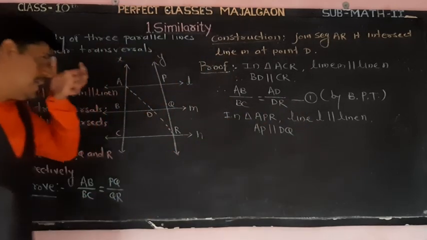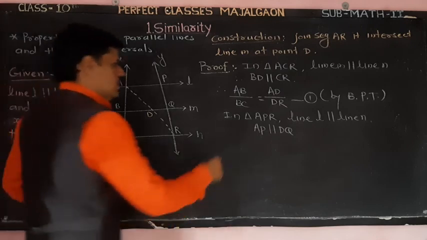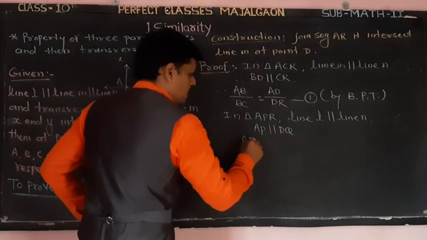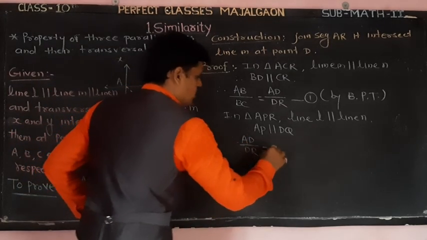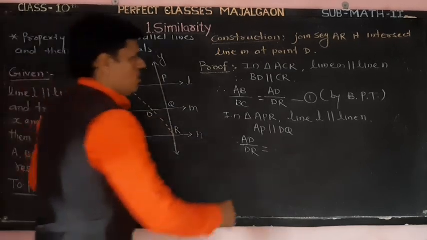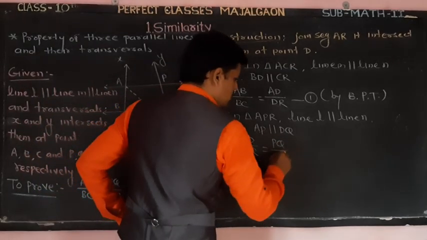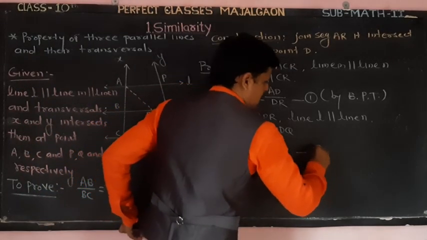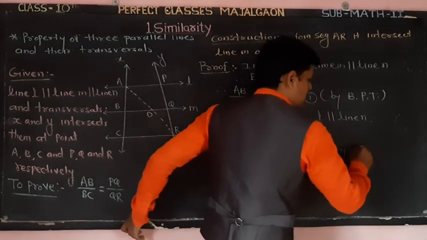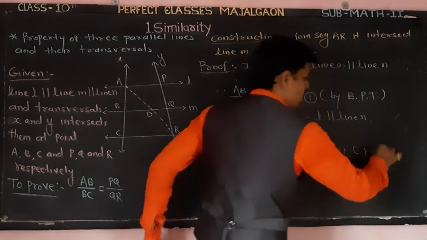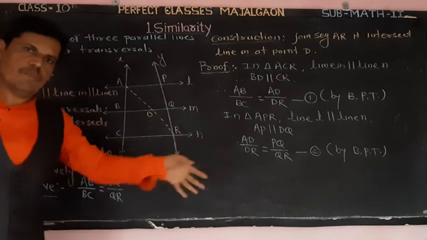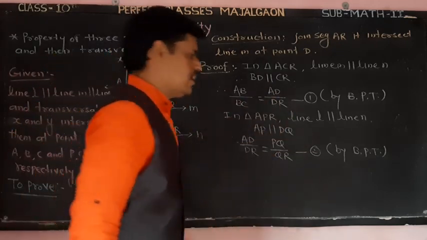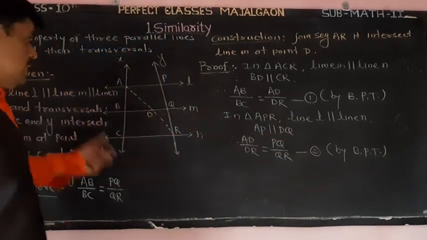Therefore, we will write AD upon DR equal to PQ upon QR. Name this equation number 2, by basic proportionality theorem. I will write it in short, BPT. This is the name of our first theorem.